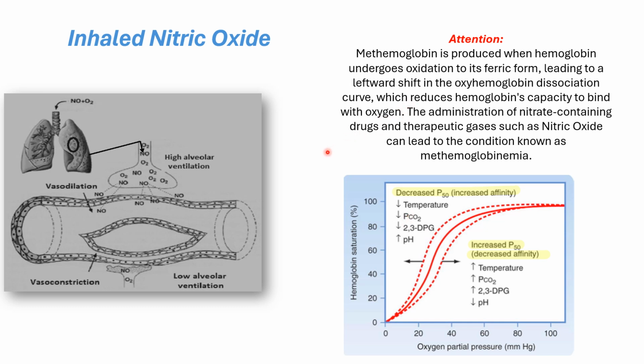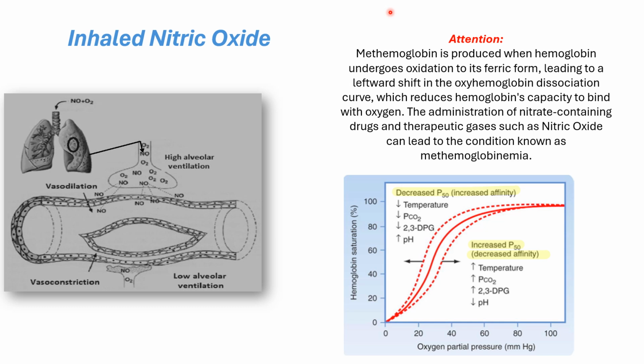An important point with nitric oxide is methemoglobin, which is produced when hemoglobin undergoes oxidation to its ferric form, leading to a leftward shift in the oxyhemoglobin dissociation curve, which reduces hemoglobin's capacity to bind oxygen.